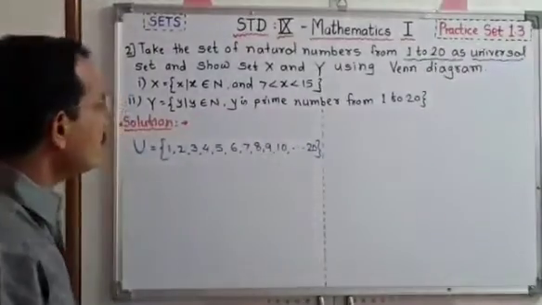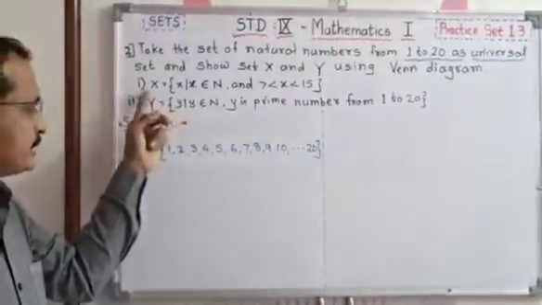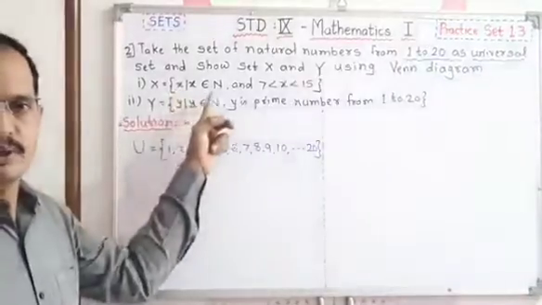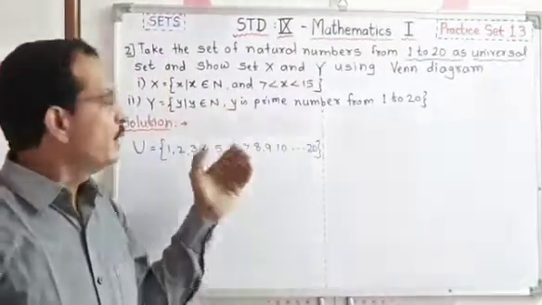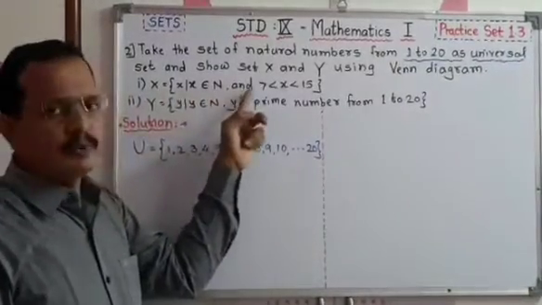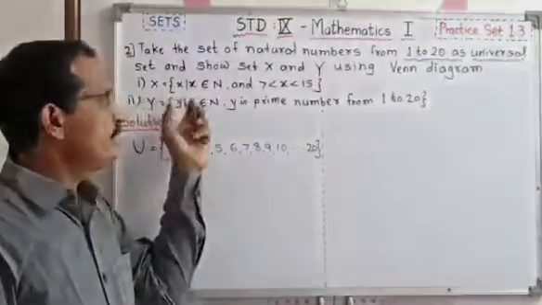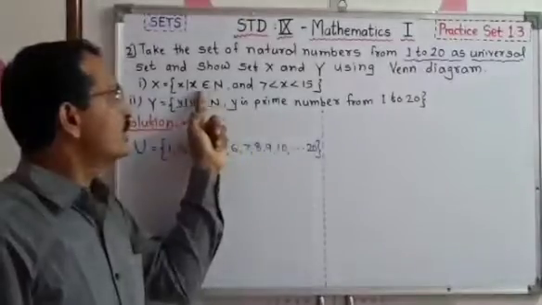Now, the second set is given, X. This set X is given in rule method, and we have to write it in list method. See, two conditions are given. Elements of set X are x, but each element carries two properties. First, it belongs to natural numbers.